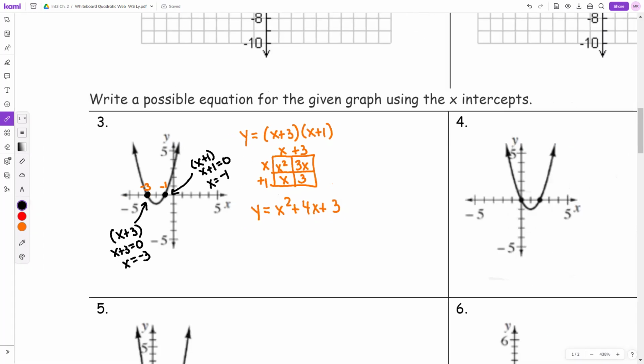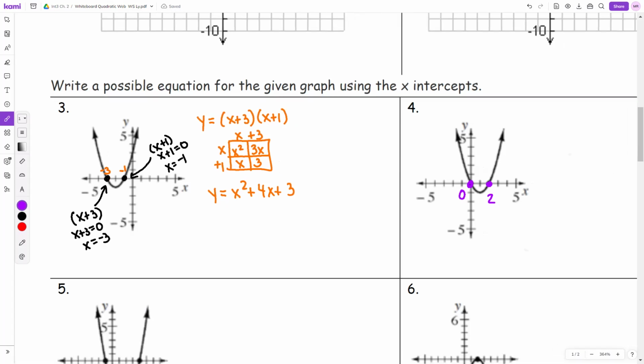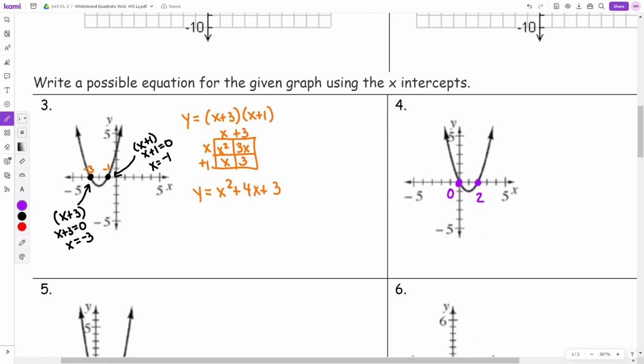So on number 4, you want to look and see where these two x-intercepts are. So you have one at x, at 0, I apologize, and you have one at 2. Now, the factor for the 2 came from x minus 2.